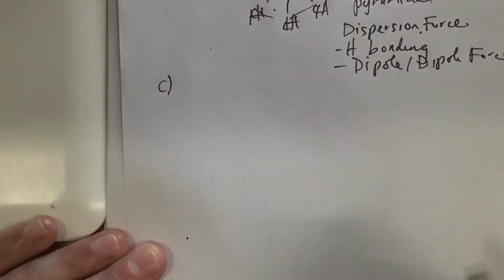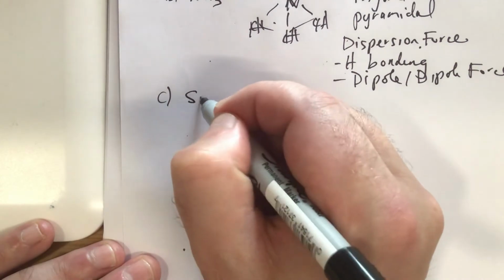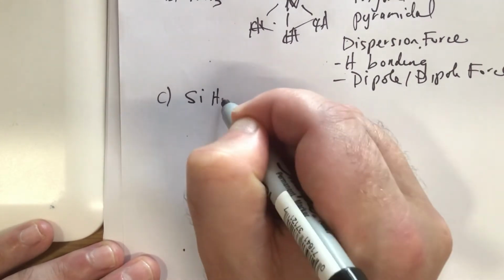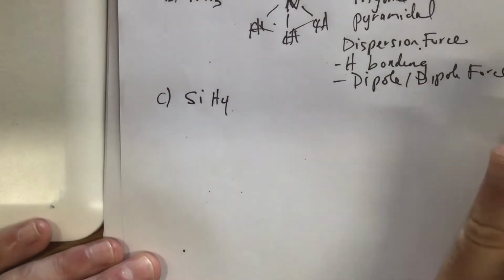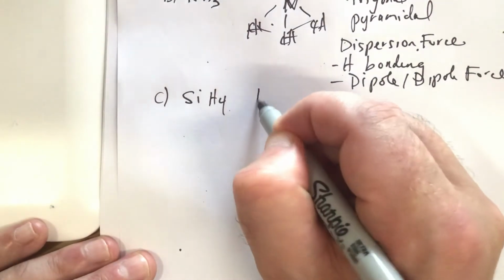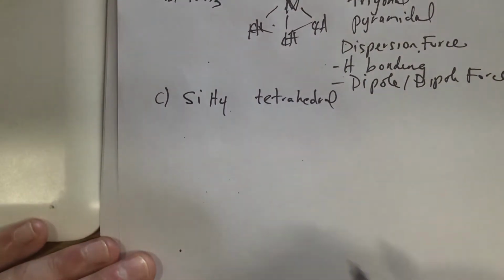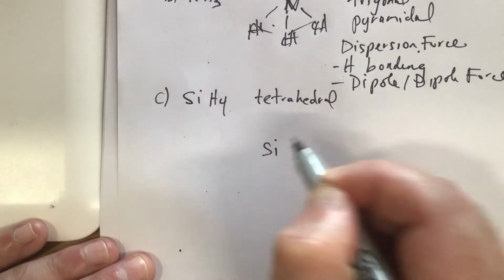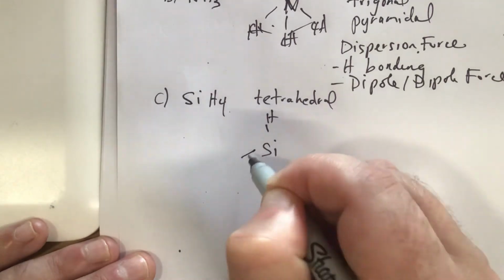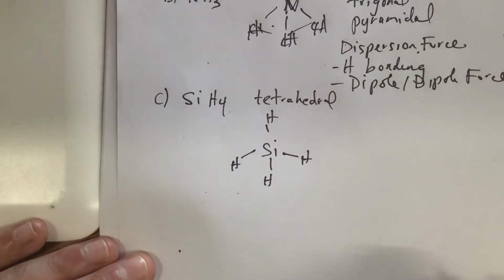C, which is silicon tetrahydride. It's a tetrahedral shape. So we've got silicon and then we've got a hydrogen, like this.